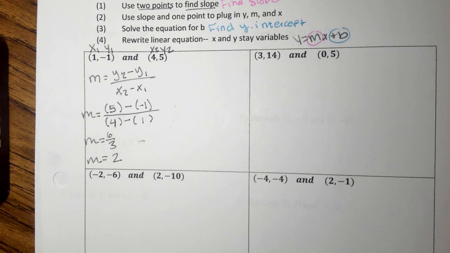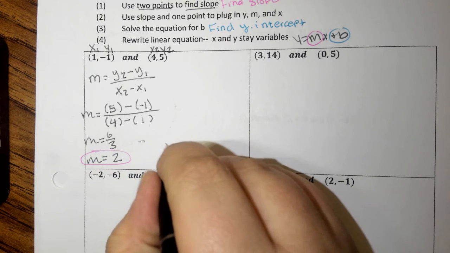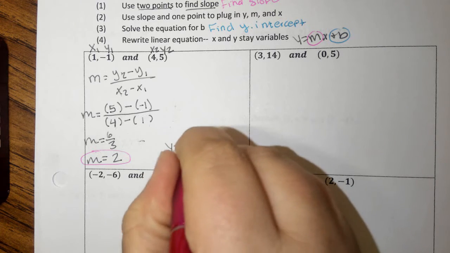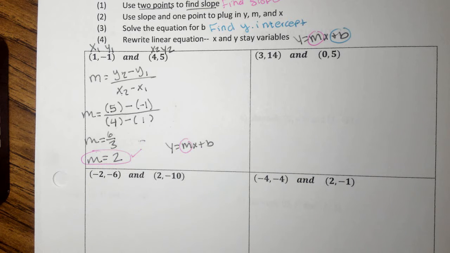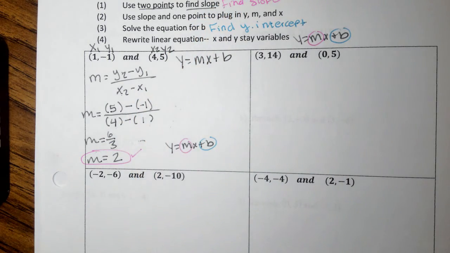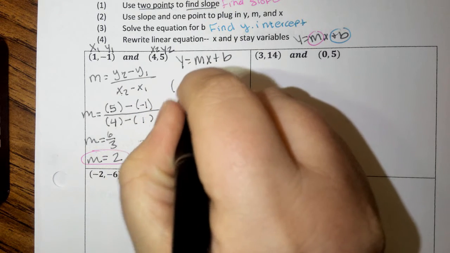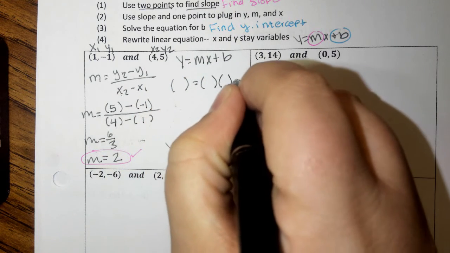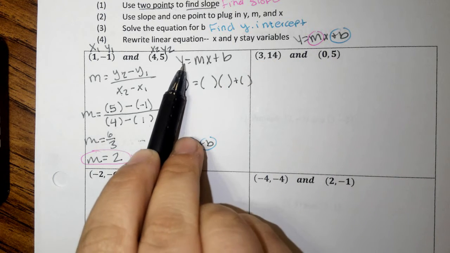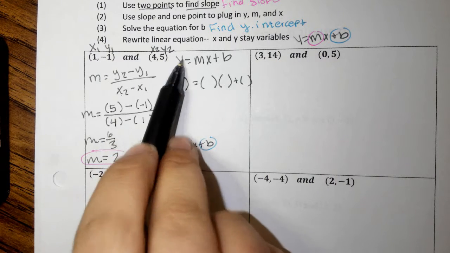So we know now that our slope, m, is 2. Our goal is to write y equals mx plus b. We know m now. We still have to find b. To find b, we're going to rewrite the equation, y equals mx plus b. In place of all of our letters, we're going to put some bubbles, or open parentheses. This bubble is in place of y. You can pick either ordered pair.